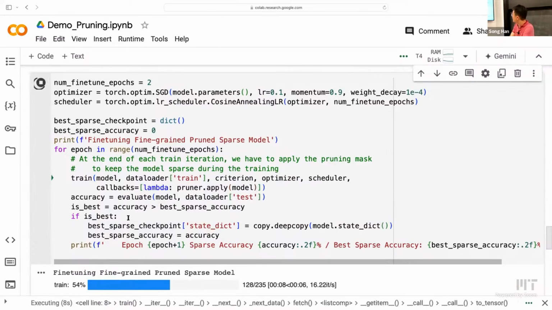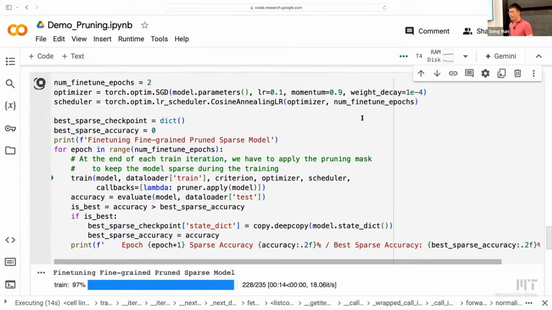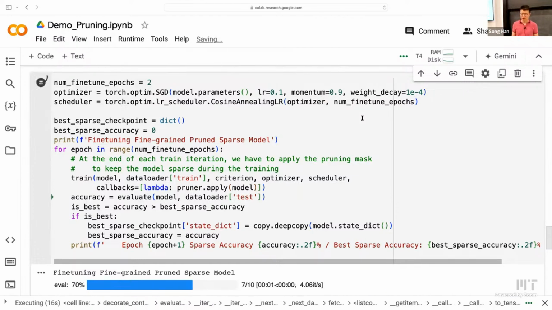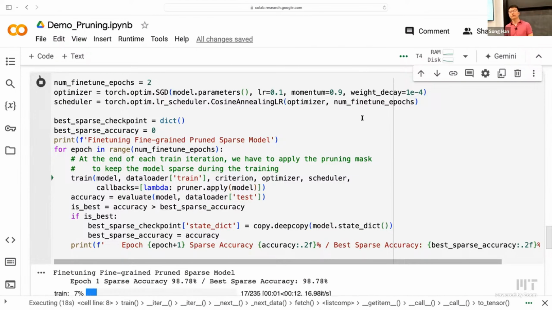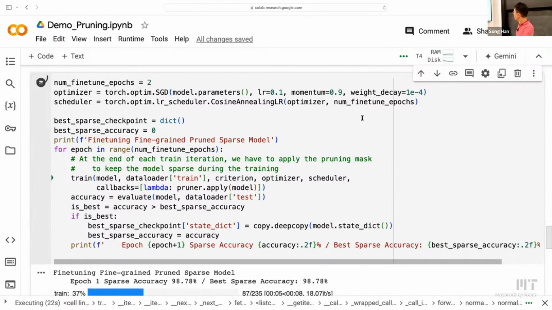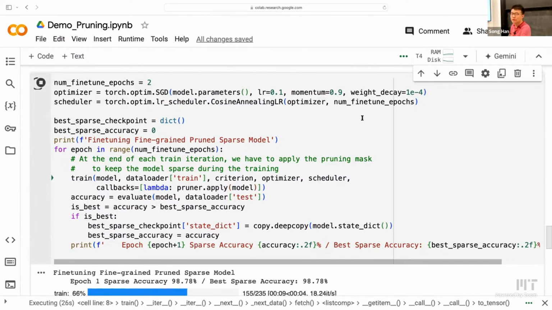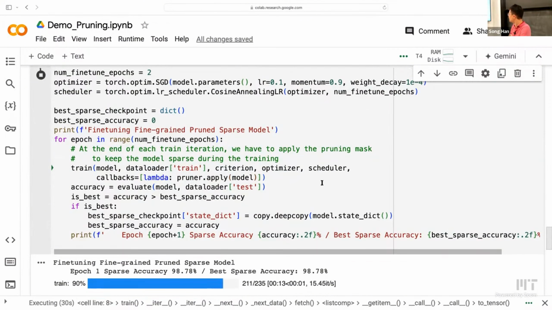Here's the entire code to do that: the learning rate, the momentum, the weight decay. Let's fine-tune the model to see if we can recover the accuracy from 94% back to 99%. One epoch has already finished, and it increased to 98.78%, which is a good starting point.